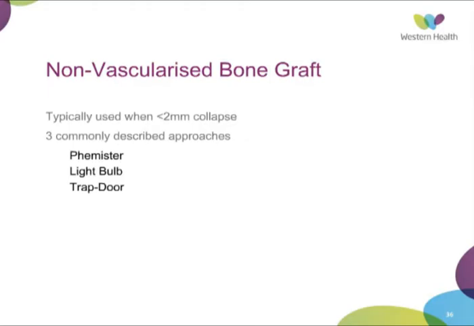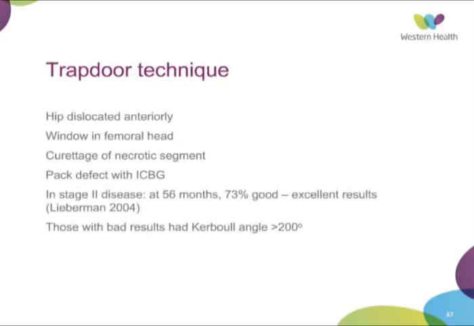And lastly, the trapdoor, which is a bit more of a cowboy approach, where a hip is dislocated. There's a window made in the femoral head itself. This is packed with bone graft, and then the window is closed again with articular surface coverage of the femoral head.